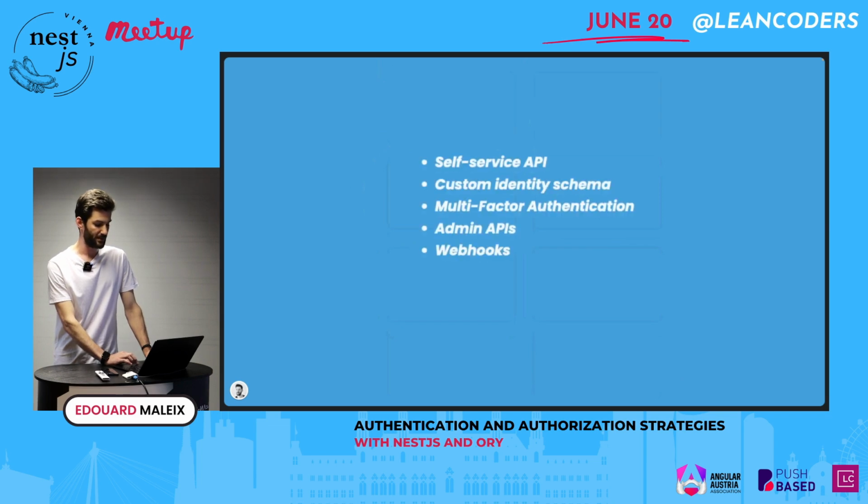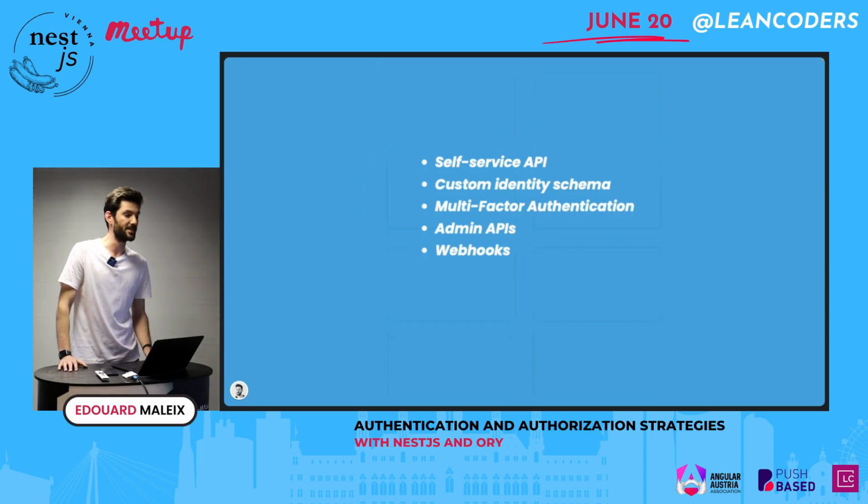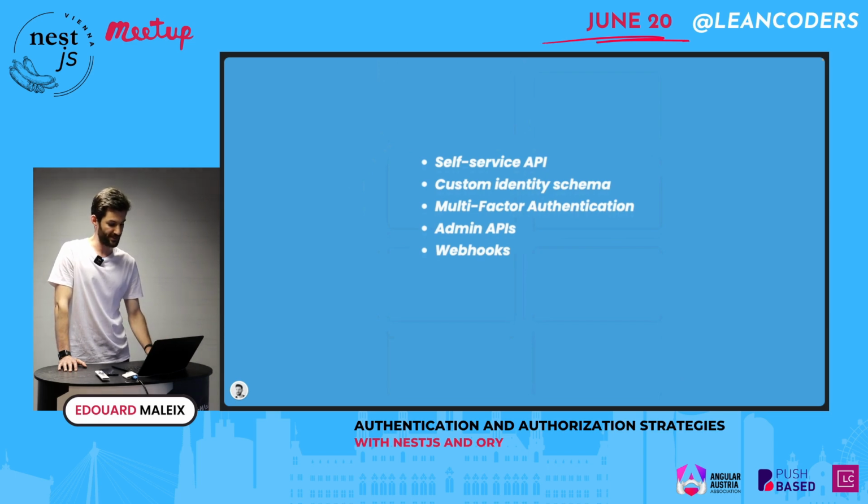First of all, it has a self-service API, which is what you will use in the front end. That's what you can use to register your user, log in your user, verify your account email, recover your account access in case you lose it, modify your profile settings, and so on and so forth.